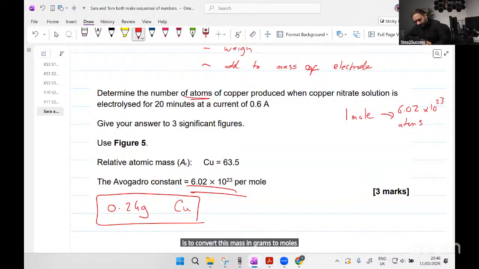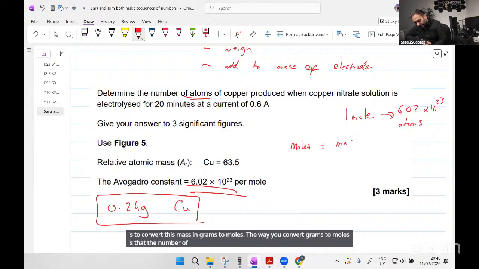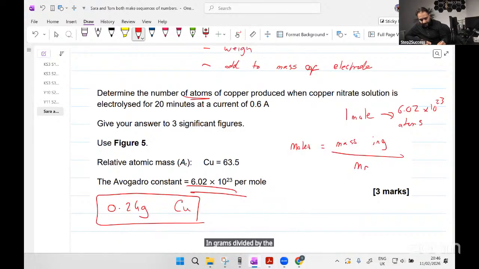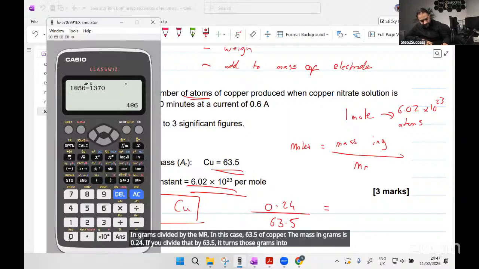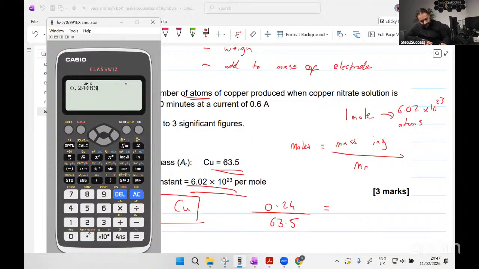The way you convert grams to moles is that the number of moles is the mass in grams divided by the MR. In this case, 63.5 of copper. The mass in grams is 0.24. If you divide that by 63.5, it turns those grams into moles, and gives you a very small number, which I'll just leave on my calculator for now.